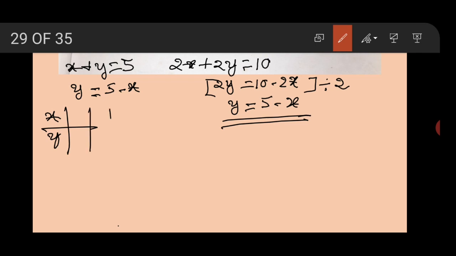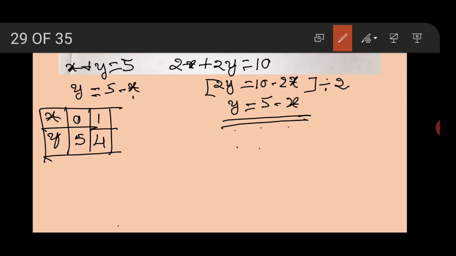What happens if the x value is 0, then what is the value of y? y is equal to 5 minus 0 is equal to 5. Take the value of x is equal to 1, then what is the value of y? y is equal to 5 minus 1 is equal to 4. Enough. Here also you will get the same value table, so there is no need to write the value table again.